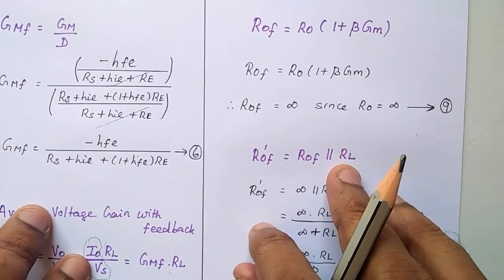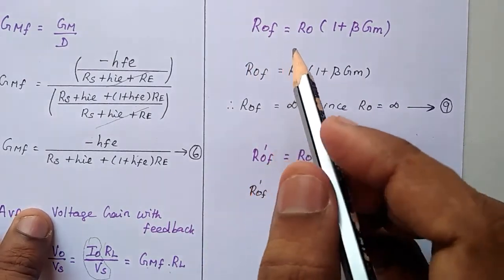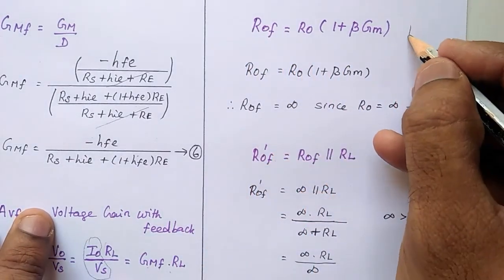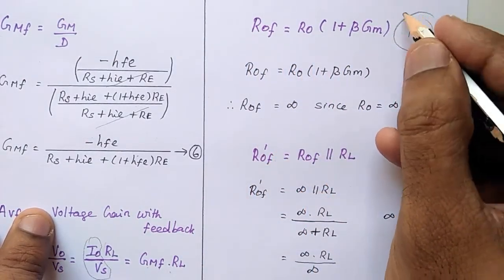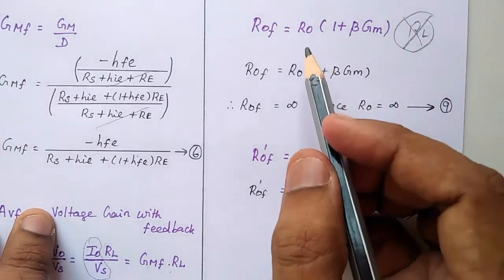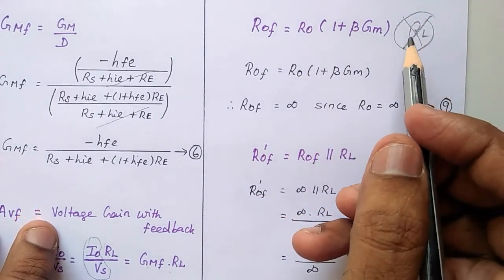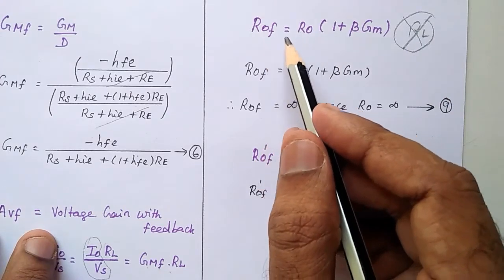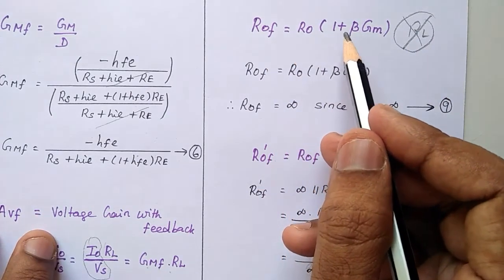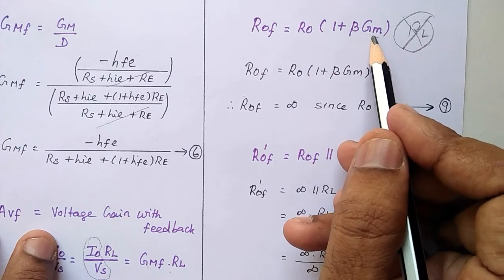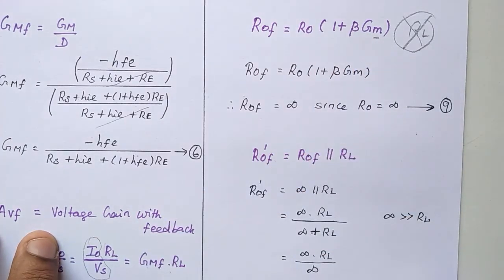Okay. Next we find output resistance with feedback without considering RL. So RL is not taken here. Okay, right. So without considering load resistance, ROF is nothing but RO into 1 plus beta G small m. The small m represents we are not including the load resistance RL.